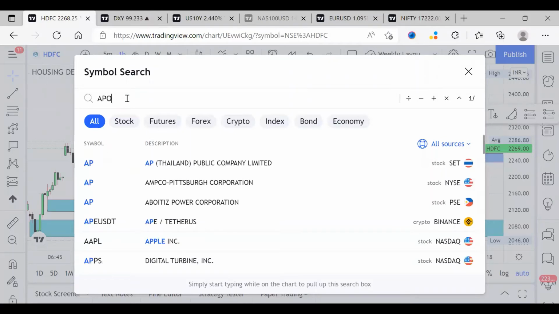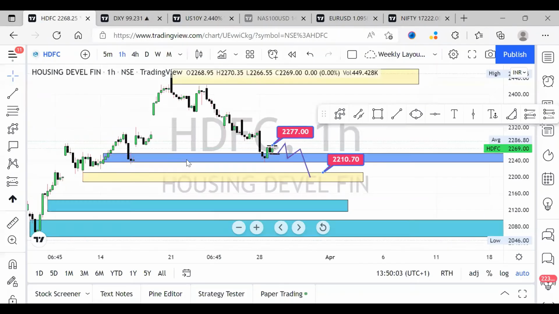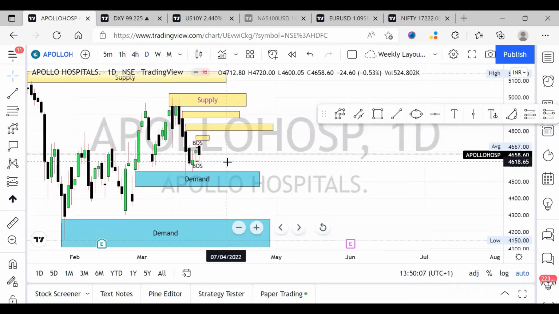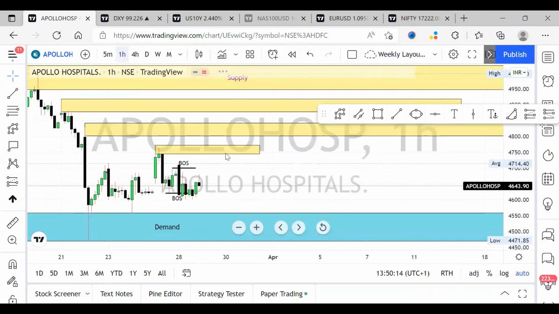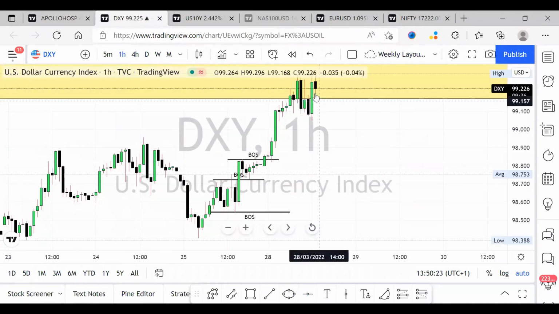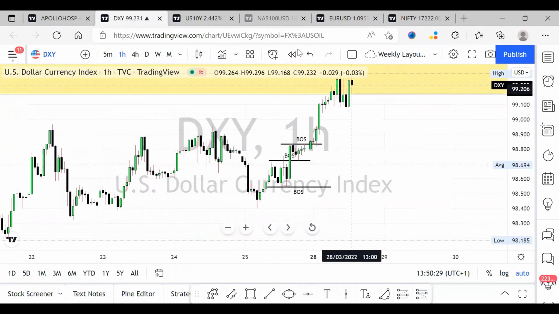So if we now look at Apollo Hospitals, from the daily point of view, they're in bearish mode. From the hourly point of view, they're also in bearish mode. This is all to do with the dollar index. The dollar index on the hourly is going back into the supply zone, trying to get some more orders, but it's failing to make higher highs.